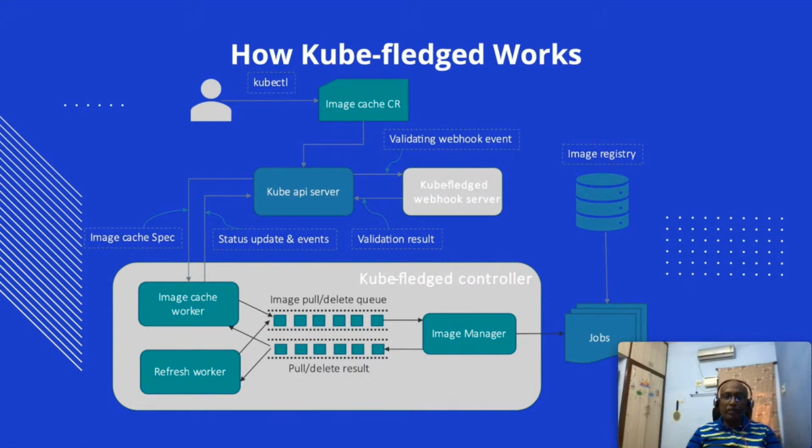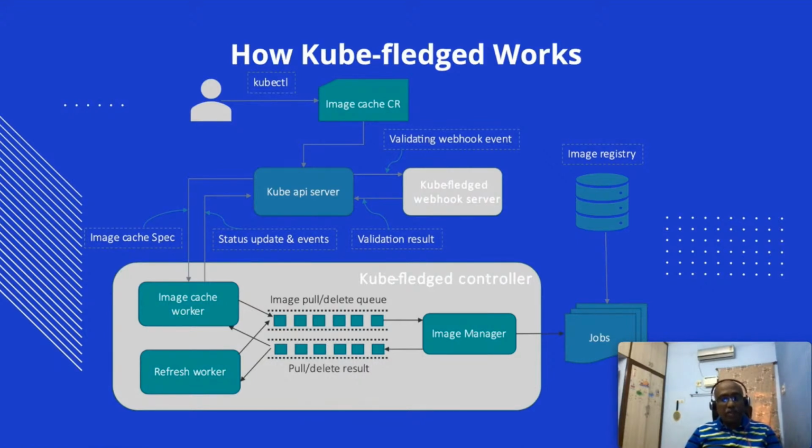In this manifest, users can specify what images they want to be present in the cache, and they can also specify whether those images have to be cached in all the nodes or only to a subset of nodes. And if they want to pull images from private registries, it allows you to specify image pull secrets that have the credentials for those private registries.